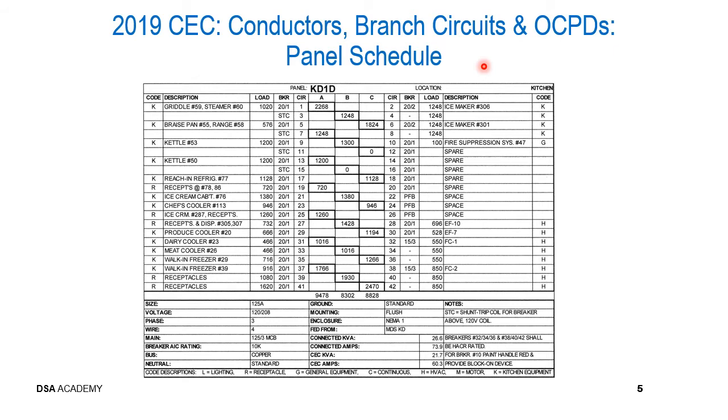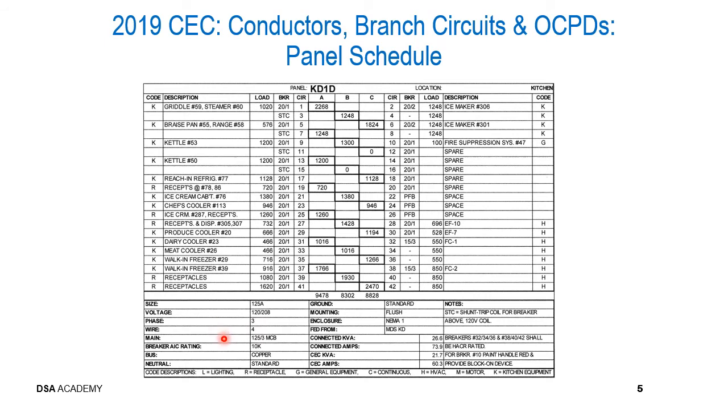So we'll start with some of the panel parameters, which are located down in this lower section of the panel schedule. As you can see here, it identifies the name and the location of the panel, as we've just discussed. The parameters such as the size, which is 125 amp, the voltage, which is 120/208 volts. It's 3-phase, 4-wire.